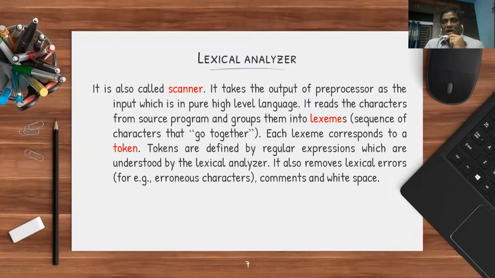That is INT first. It identifies it as a lexeme and recognizes it as a keyword. So INT is the first lexeme, which is categorized as a keyword. Then the second one is a space.